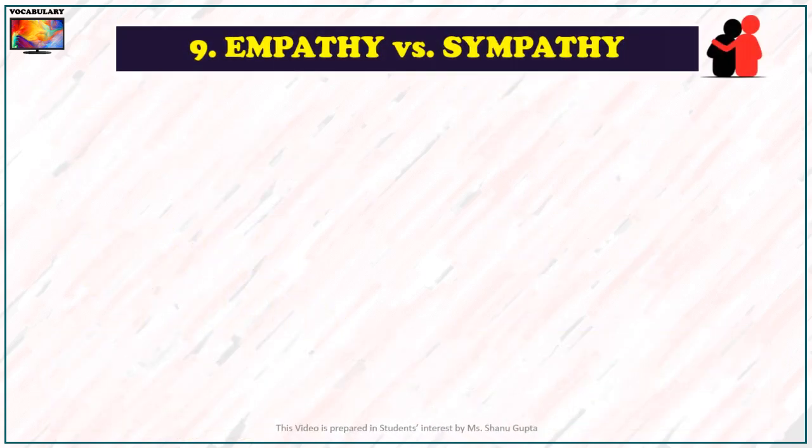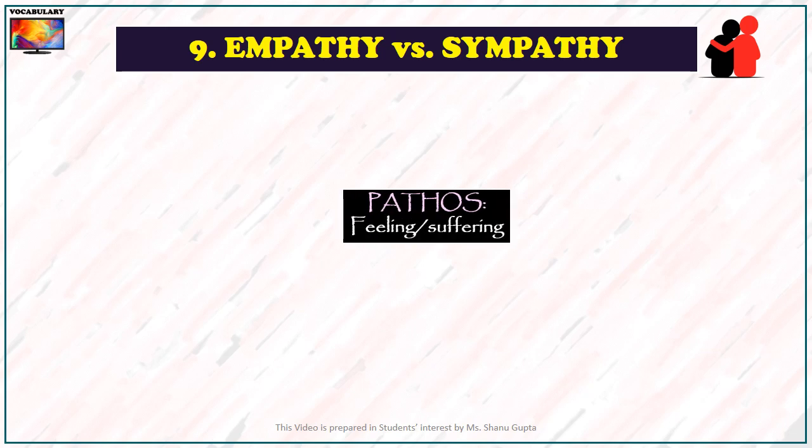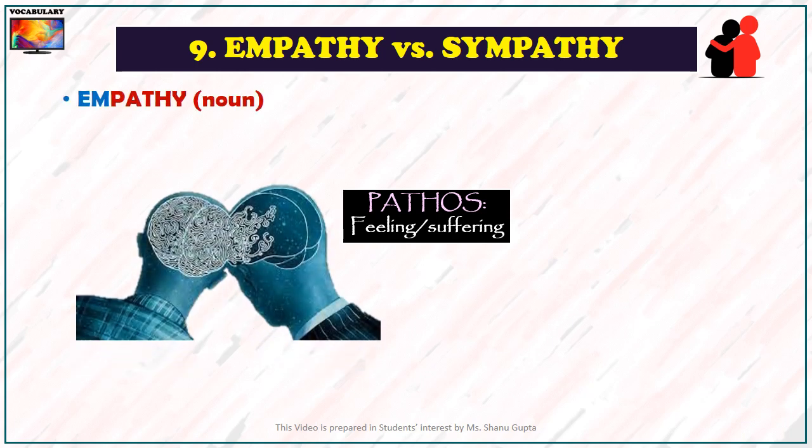Next, we have the pair empathy versus sympathy. These words are connected by a Greek root pathos, which means feeling or suffering. And indeed, both words are related to how one feels. Empathy is made up of prefix em meaning in. So the word empathy literally means feeling in.